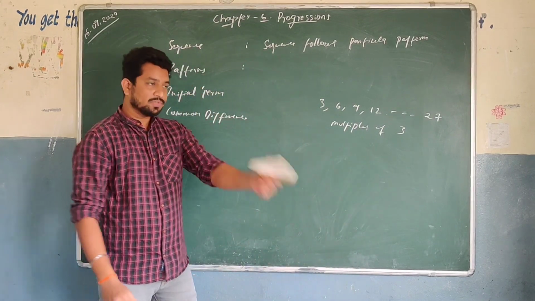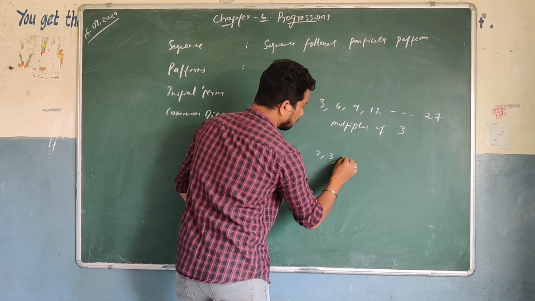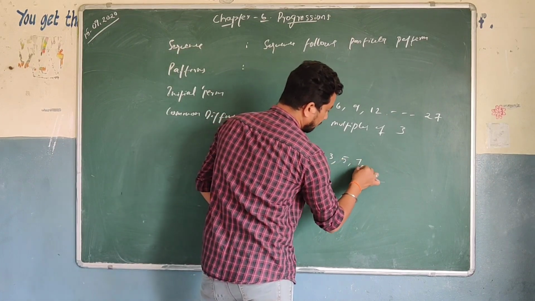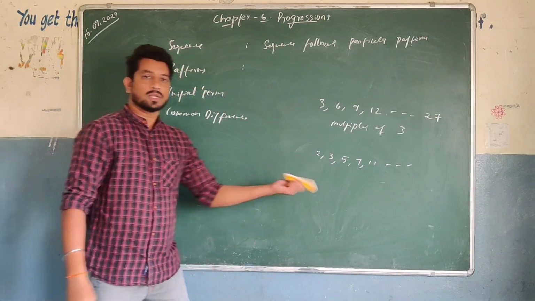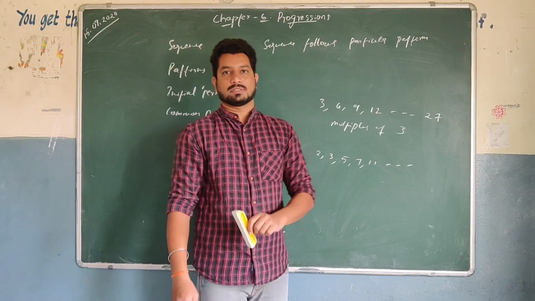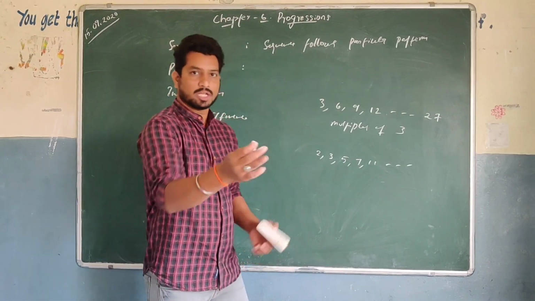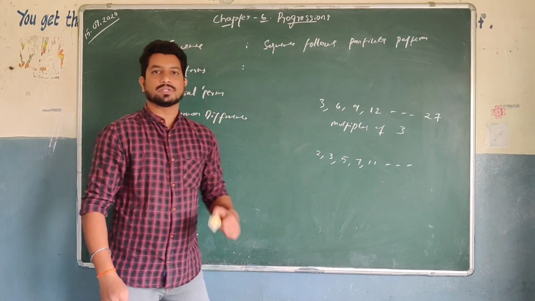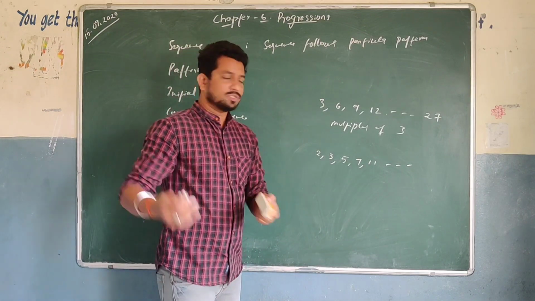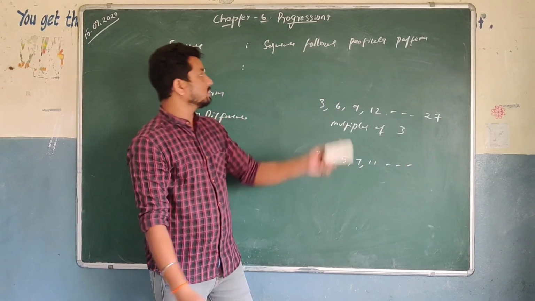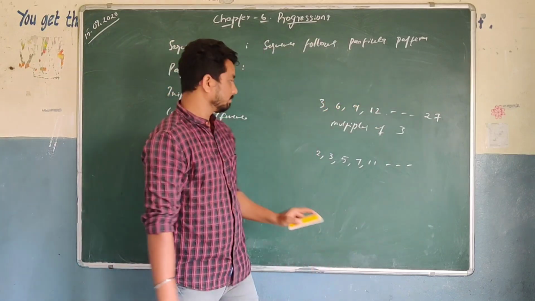Multiples of 3. If you take one more example, 2, 3, 5, 7, 11 and so on, you know that these are prime numbers, right? Prime numbers follow some particular pattern. By following this pattern, if we develop more numbers, that is called a sequence. A sequence will always follow a particular pattern.